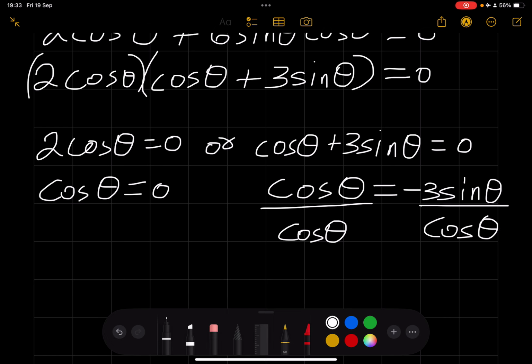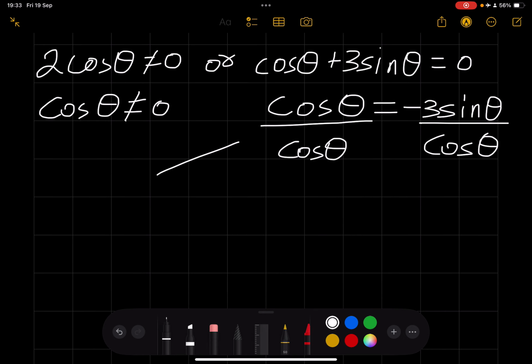But because I'm dividing by cos theta, it means cos theta cannot be 0 because division by 0 is undefined. So we can agree that that cancels the first part of the solution. We cannot allow cos theta to be 0 because it's a divisor, and a divisor of 0 is undefined.